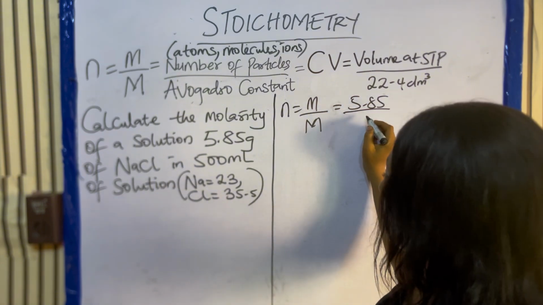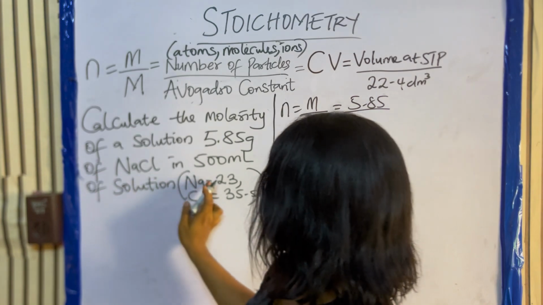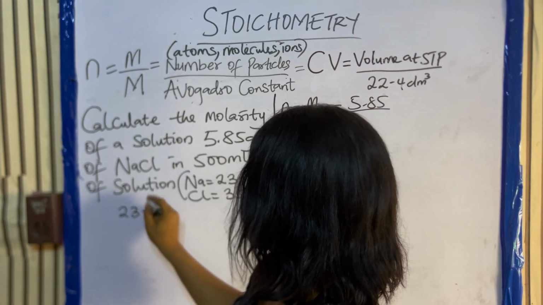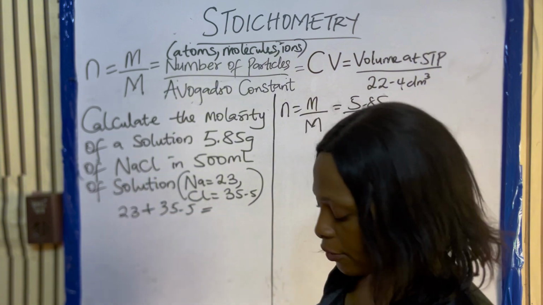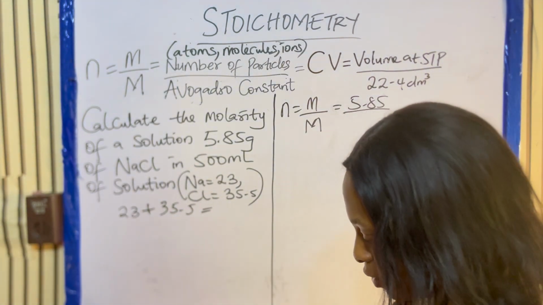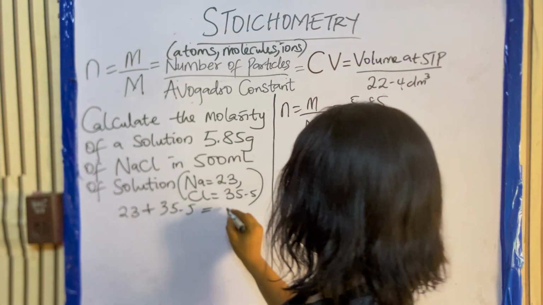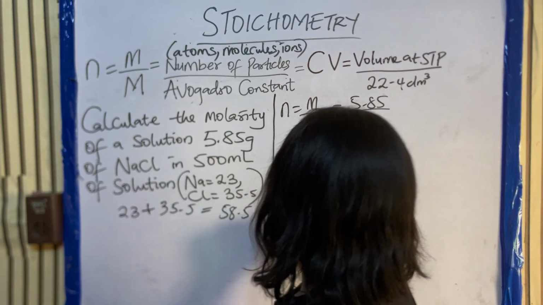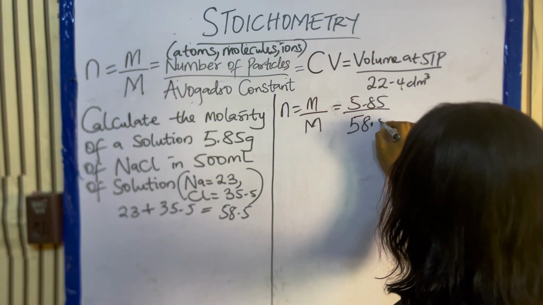5.85 over molar mass. Molar mass of sodium chloride, let's calculate. Sodium is 23 plus chlorine is 35.5. So let's add up. 23 plus 35.5 will give us 58.5. So the molar mass here is 58.5.